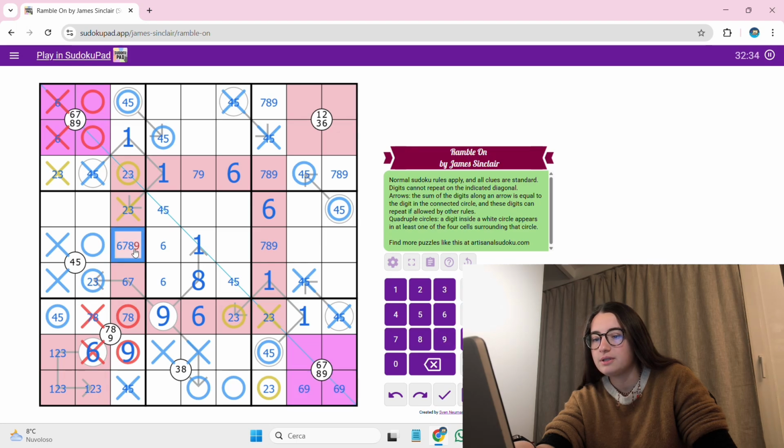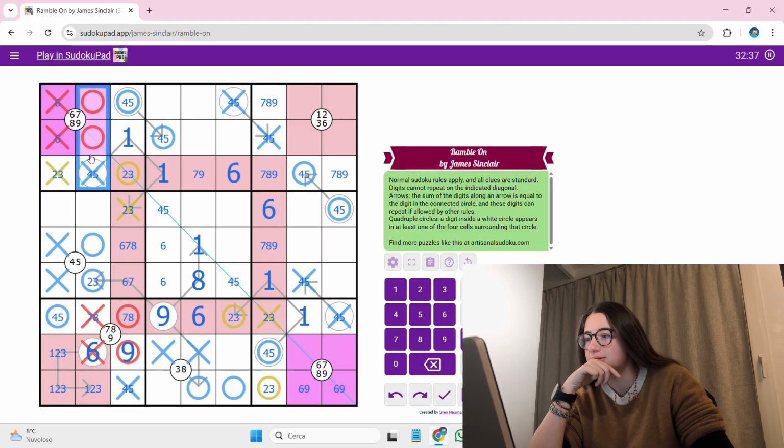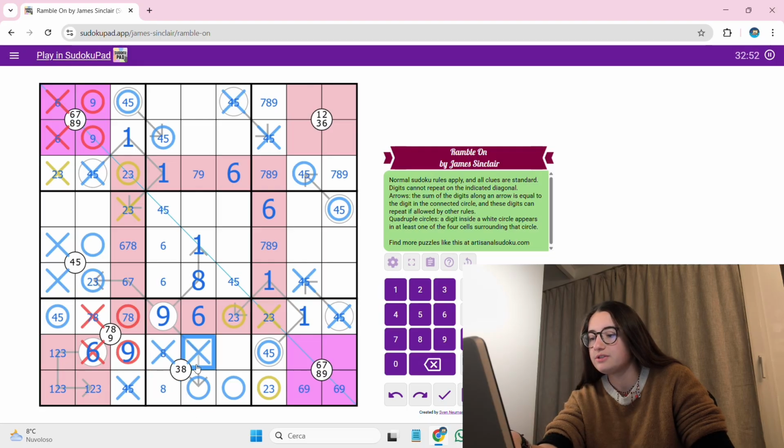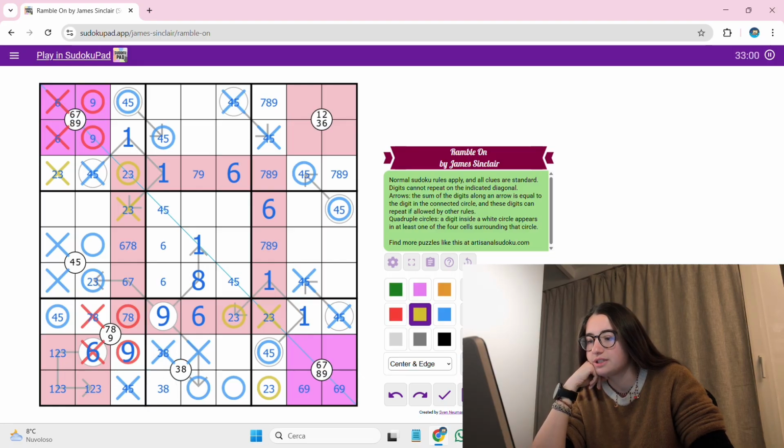So it has to be on the bottom here and in the column over here. So the 8 and 1 can't be here. The 8 must be in one of these two. The 3 will require 6, so this is going to be here, 8 and 3.